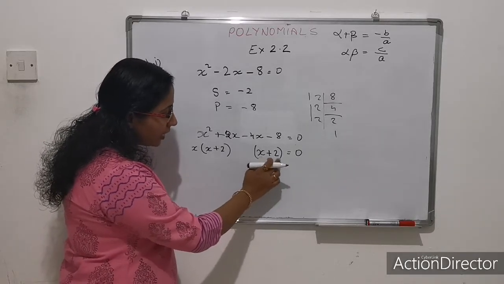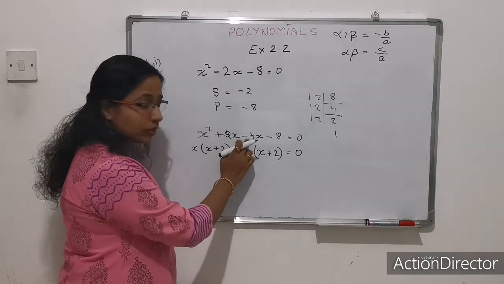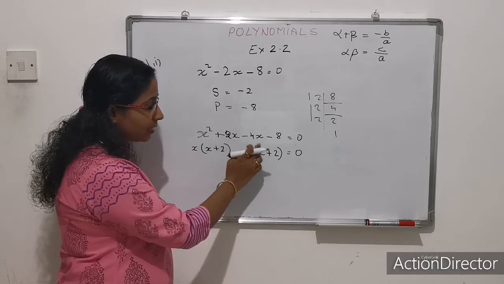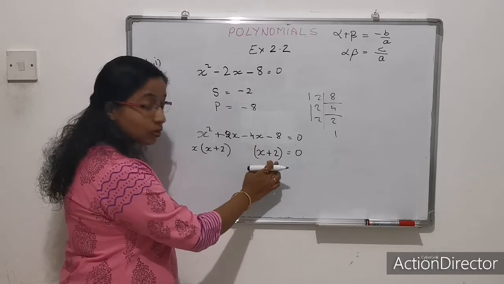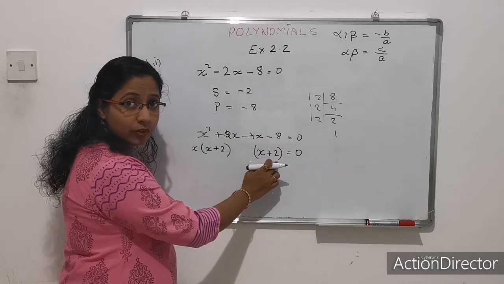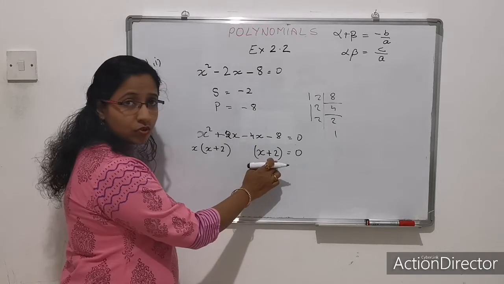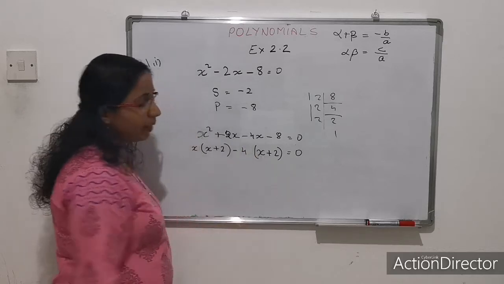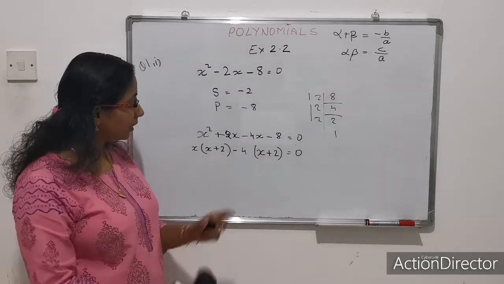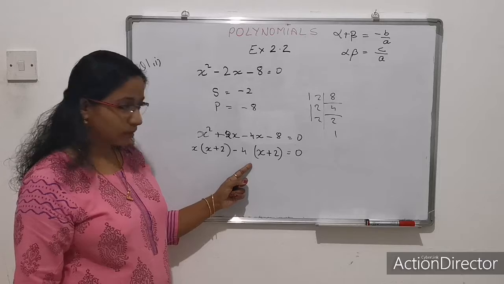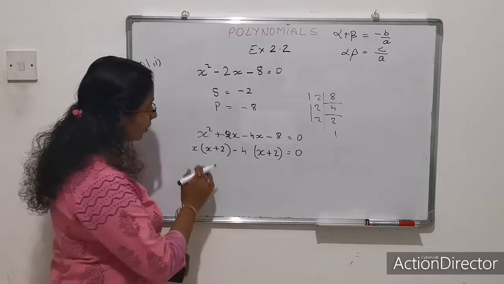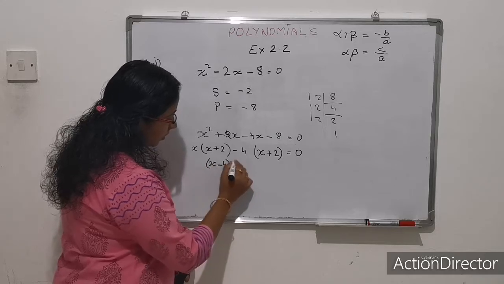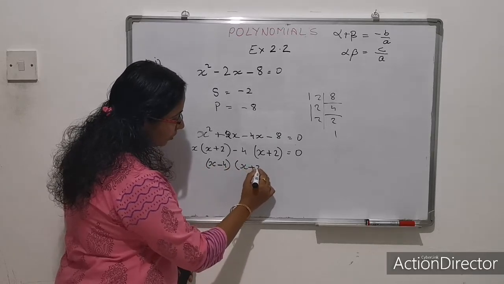Now to get this x plus 2, this is minus 4. So minus 4 into x will give you minus 4x, and minus 4 into plus 2 will give you minus 8. So this becomes minus 4. Clear how you got minus 4? Right? So this equation becomes x minus 4 and x plus 2.